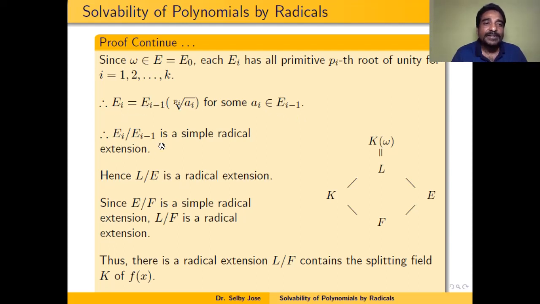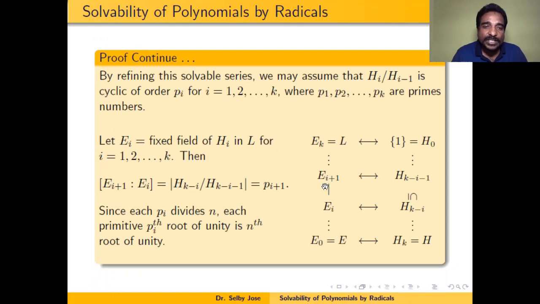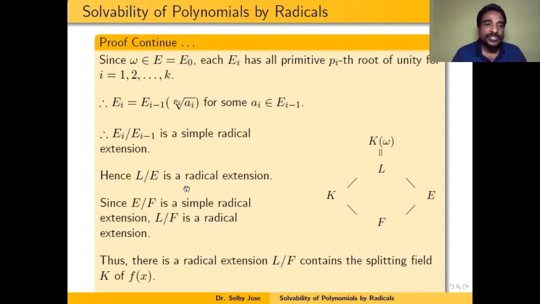That means that Ei over Ei minus 1 is a simple radical extension. So because each Ei over Ei minus 1 is a simple radical extension, L over E will become a radical extension. So we have L over E is a radical extension, but what is E?